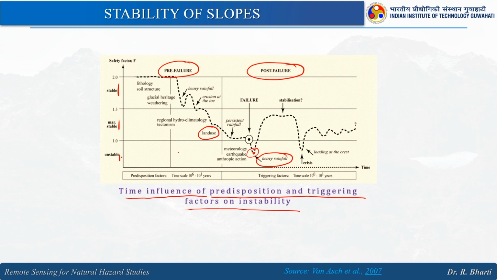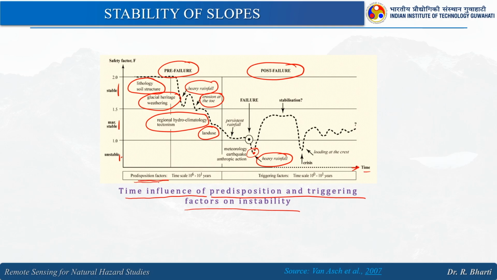Here you can see the land use, then hydroclimatological, tectonism, lithology, soil structure, glacial heritage, weathering, heavy rainfall, erosion at toe. So, all these have a major role on the stability of the slope, and the x-axis is basically your time.